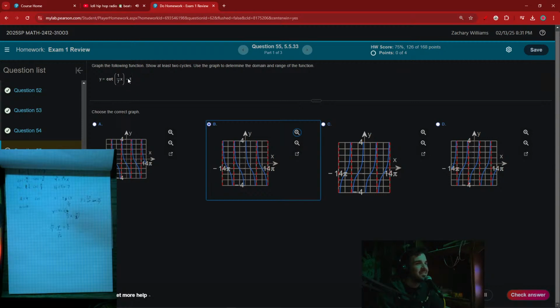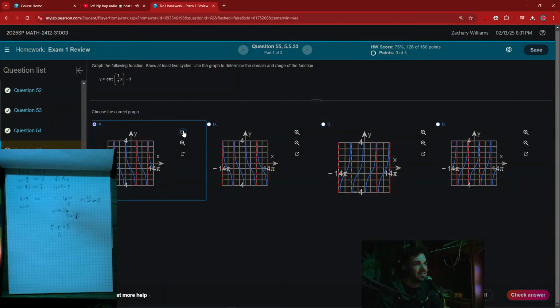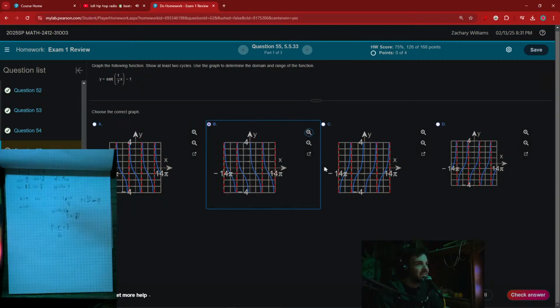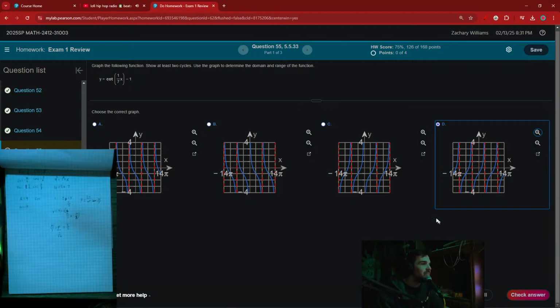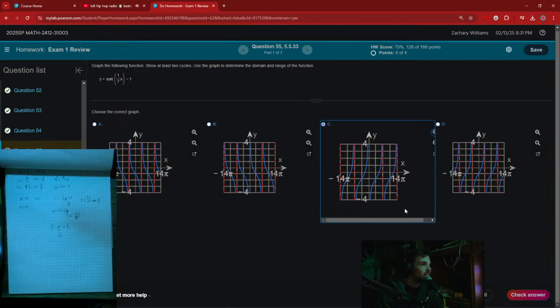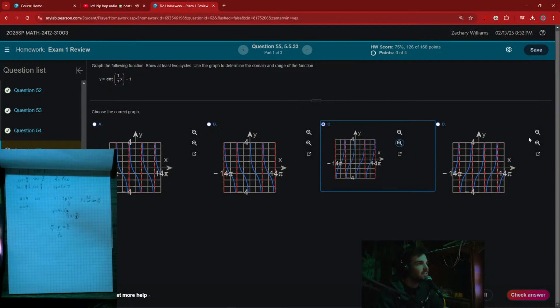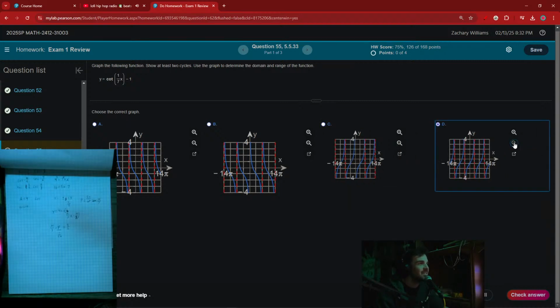Alright, so we got a vertical shift of negative 1. That means the midline has to be below the x-axis, and it looks like that is the case on all of these. Yep. So it's cotangent, which means it's one of these two, because there's no negative shift or reflection. Reflection. That's the word I've been looking for this whole time.